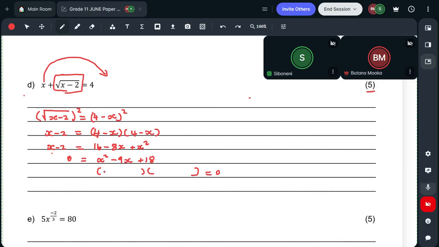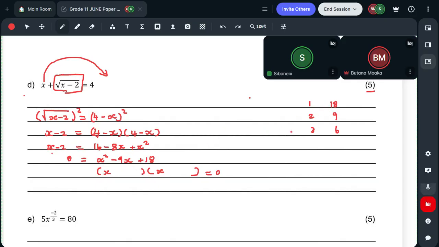So when we factorize, we're going to put the x on both sides. We need the factors of 18 that when we add or subtract them, they give us 9. So the factors of 18 are 1 and 18, 2 and 9, 3 and 6. On these factors, I need two factors that will give me the middle.